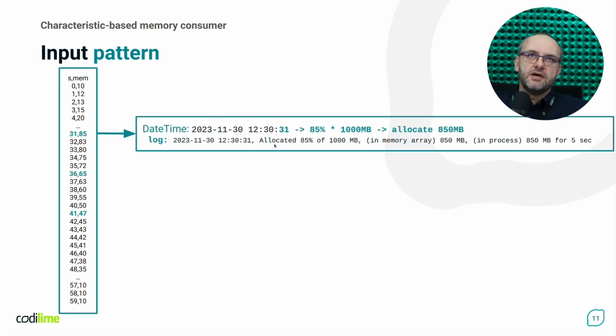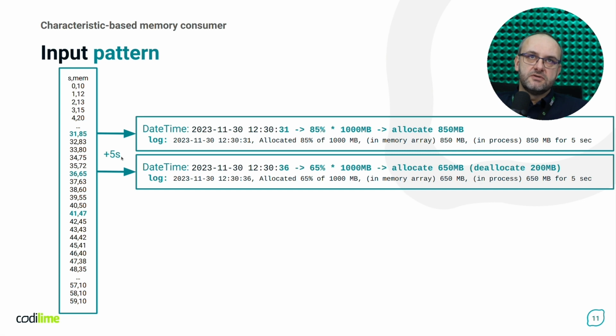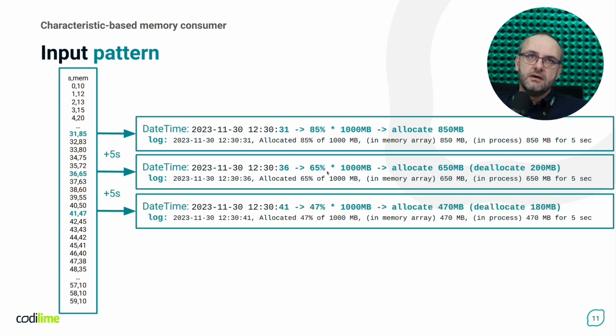Next, when our application starts, it reads and compares the time and takes the value from the pattern and allocates the appropriate memory in its internal memory array. After 5 seconds, because this is the default step for the next allocation or deallocation, it reads another value and adjusts the memory allocated in the memory array, and so on.